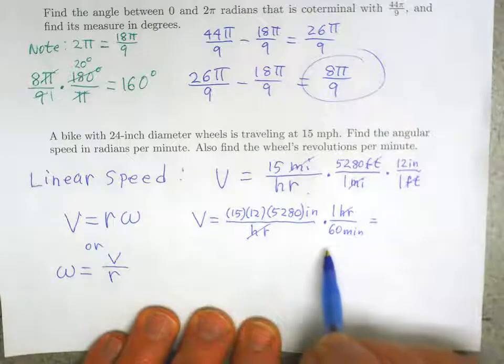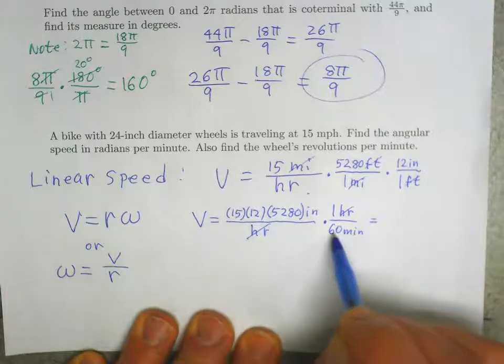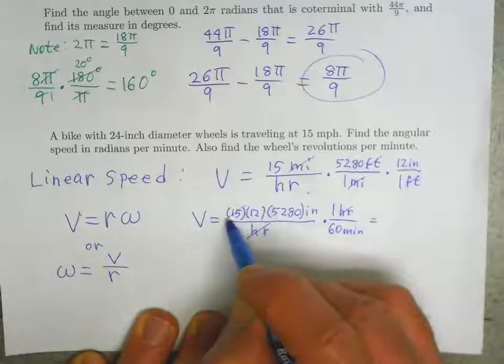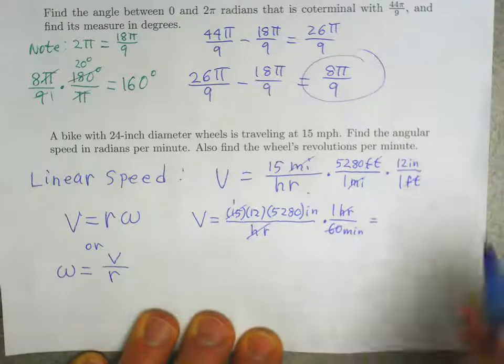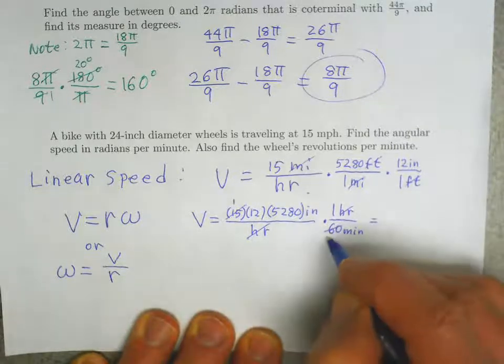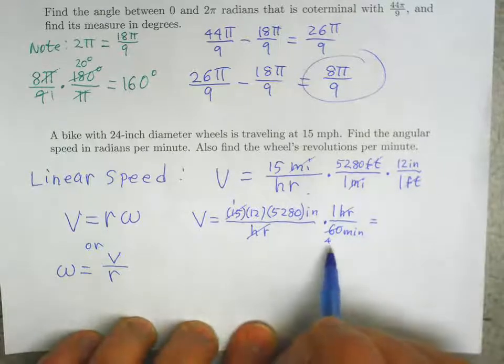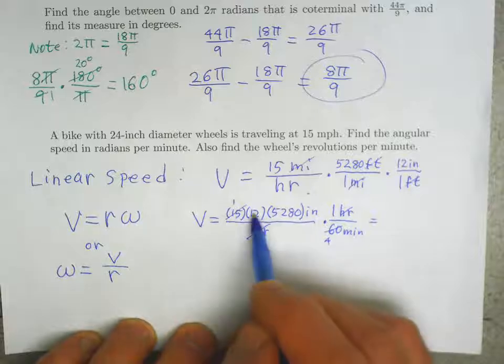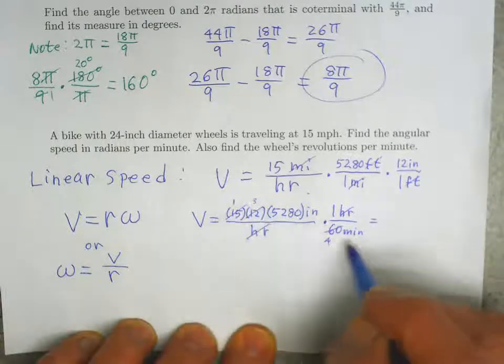We can do some reducing. Notice that 15 goes into 60 4 times, so I'll cross out the 15, replace it with 1, and cross out 60 and replace it with 4. And we can do another reduction. 4 goes into 4 once and into 12 3 times, so I'll replace that with a 3 and that with a 1.